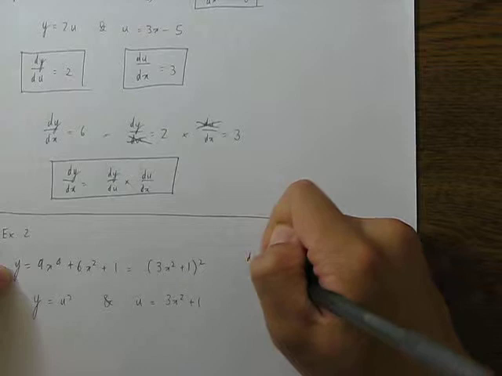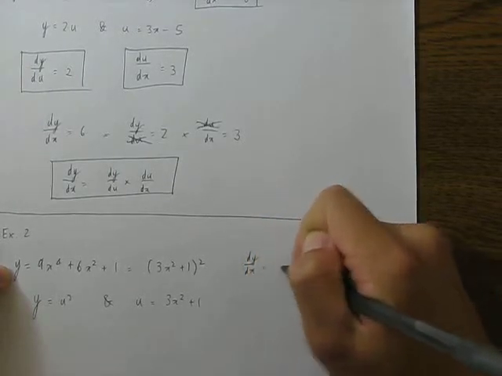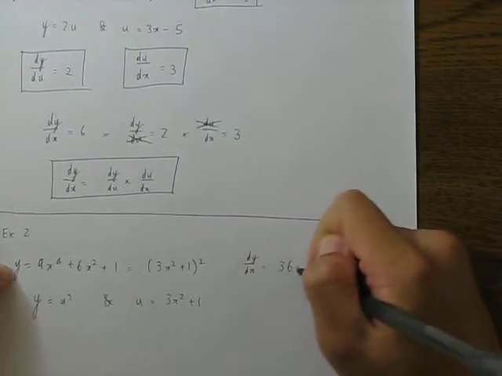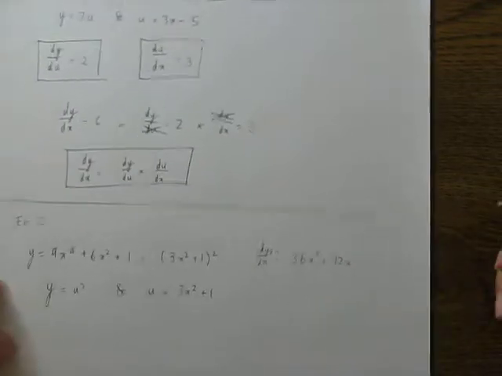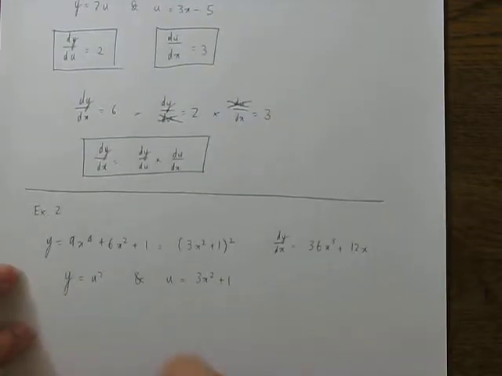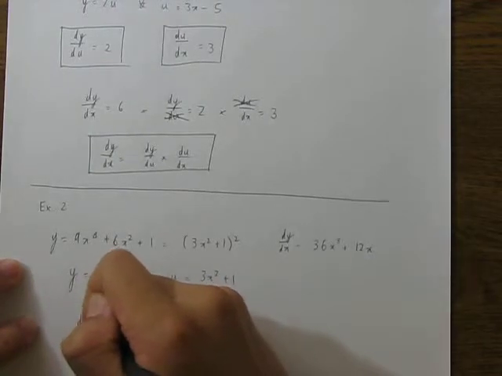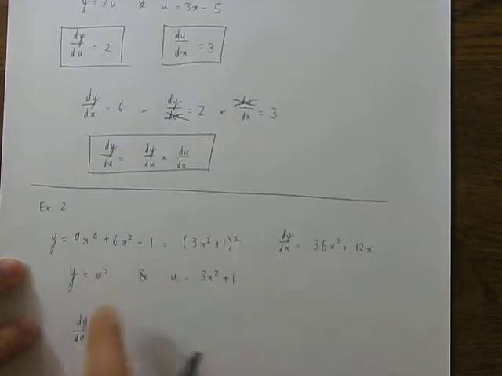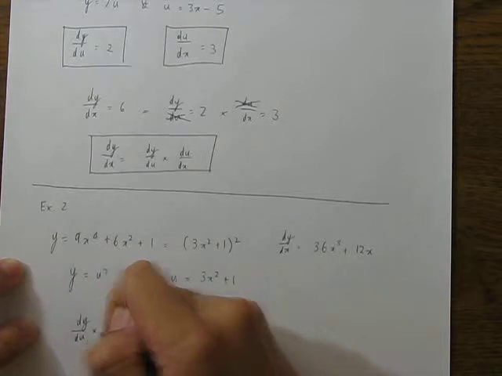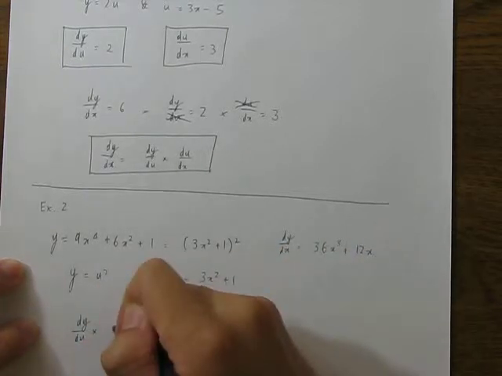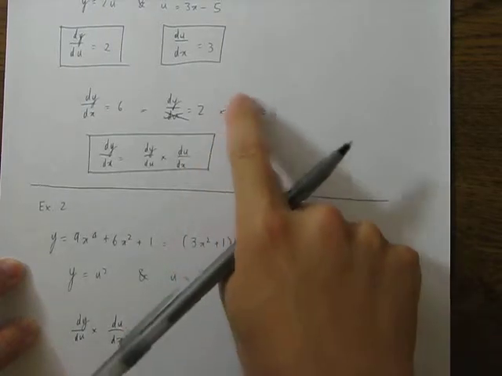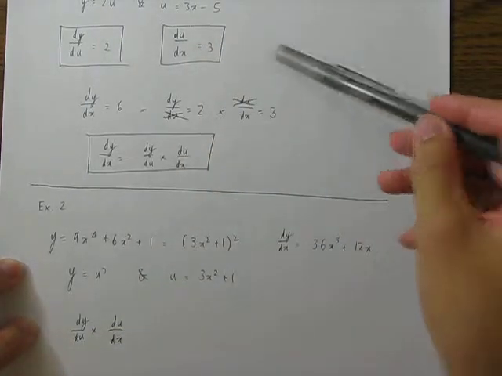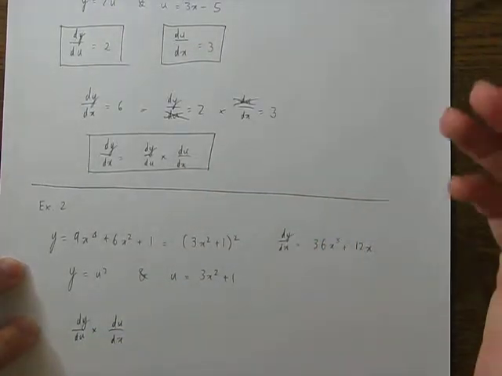So dy/dx is equal to 36x to the 3rd plus 12x, okay? And down here, we're going to derive this continuously. We're going to do dy/du first, that's the derivative of this, times du/dx. And if everything goes right, then this exact same phenomenon from up here should occur.